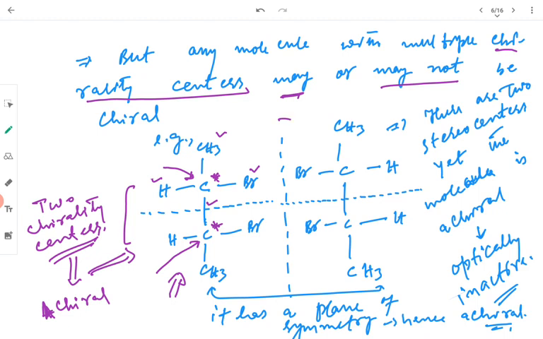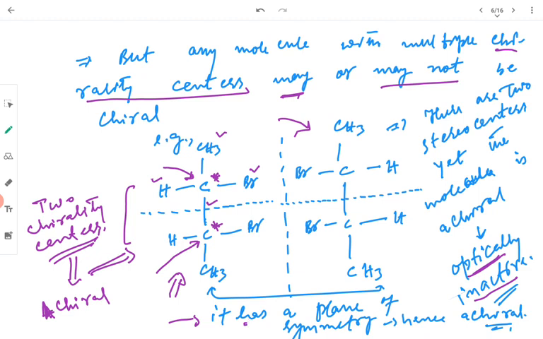Same is the case with its mirror image. So this is achiral, and hence it will be optically inactive. I will explain optical activity and inactivity in upcoming lectures. For the time being, this is a meso compound.